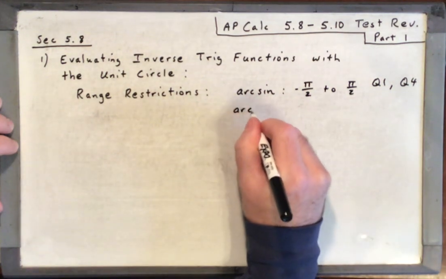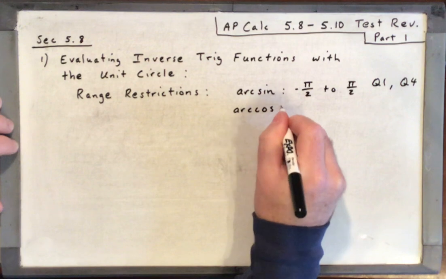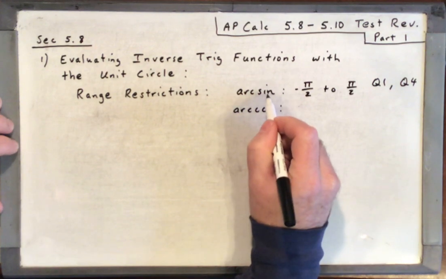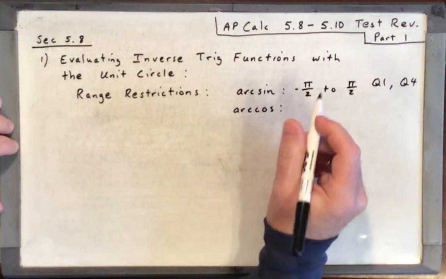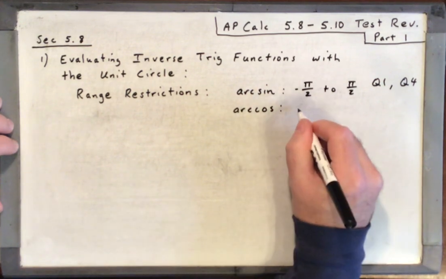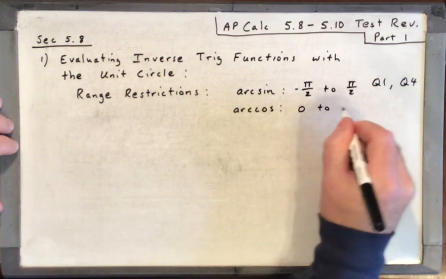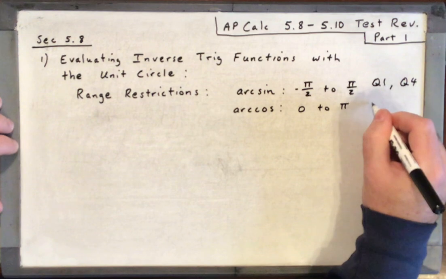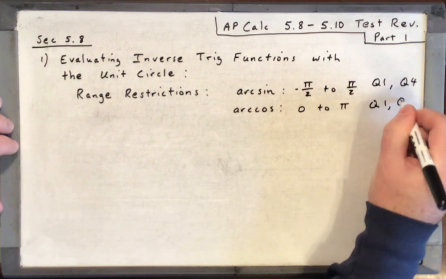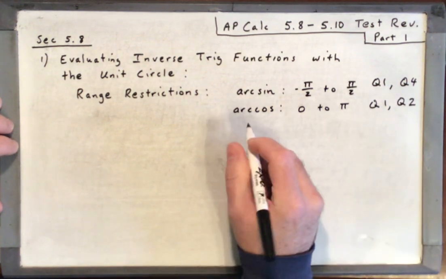For arc cosine, of course, that's also true for arc cosecant. Okay, arc cosine is 0 to pi. So that's quadrant 1 and quadrant 2.